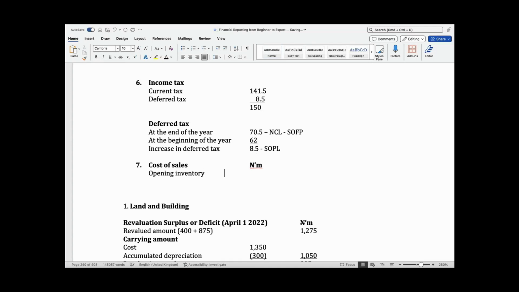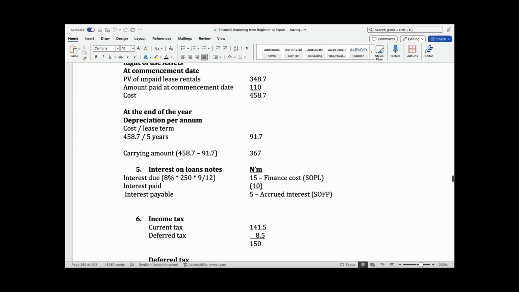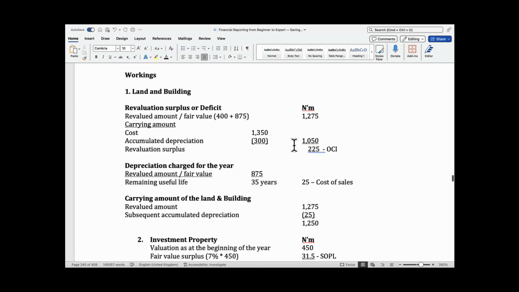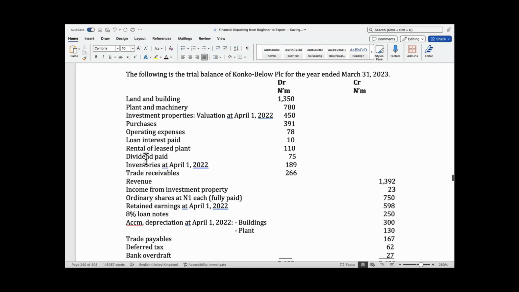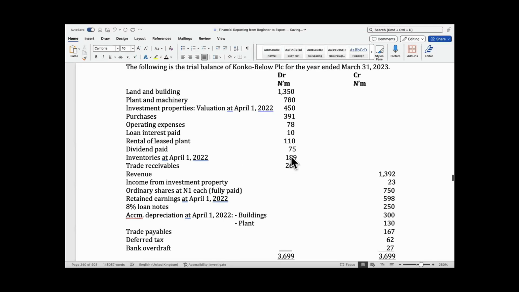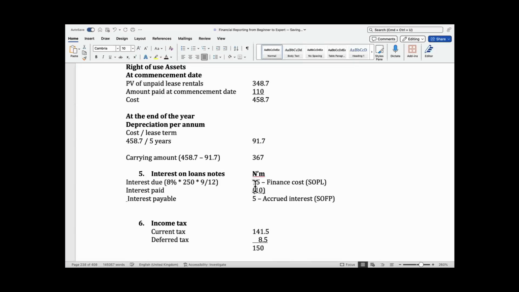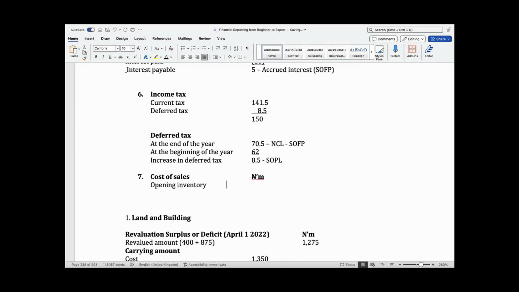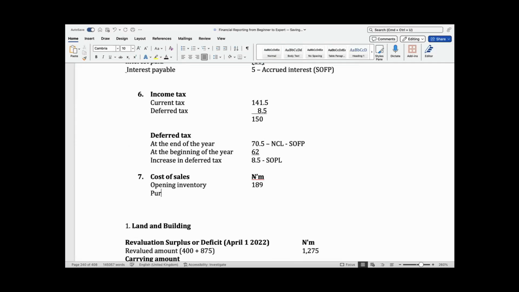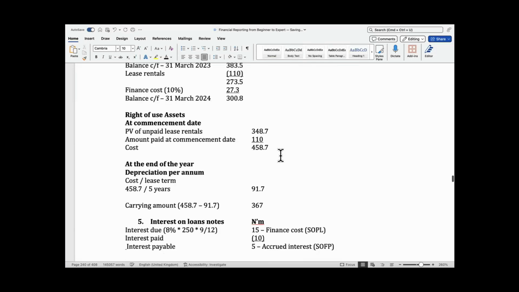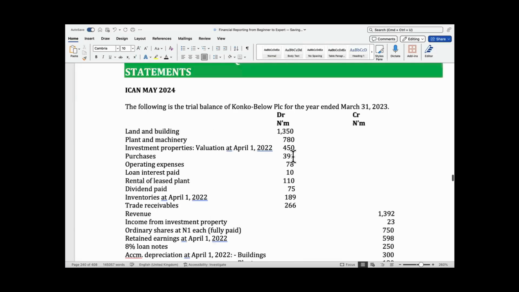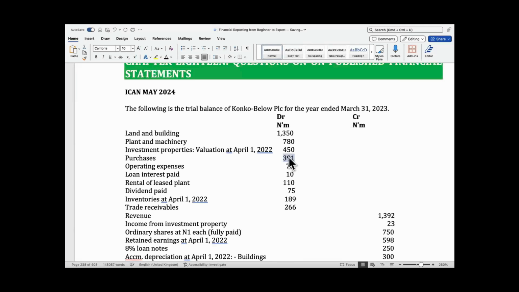I will get my opening inventory from the trial balance. I was given the opening inventory as 189. Then my purchases, I was given as 391.